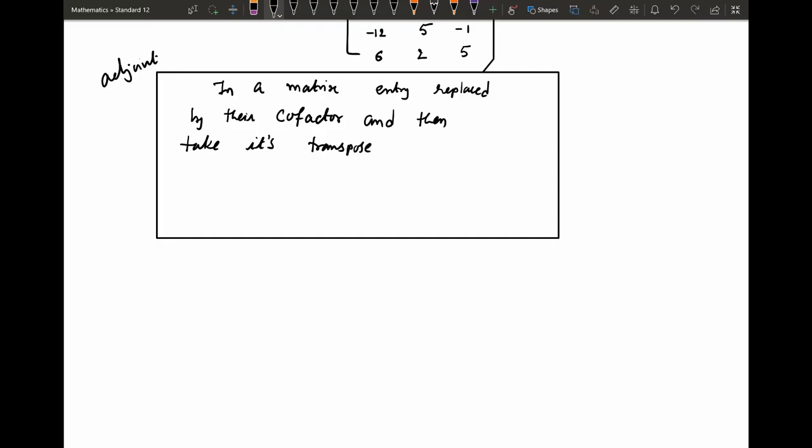So this is for our understanding. To find the adjoint, each entry is replaced by its cofactor, then you take its transpose.